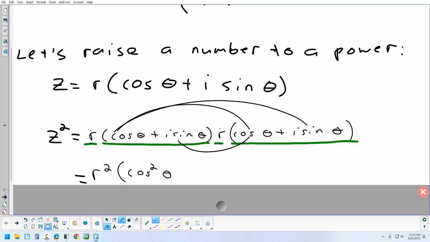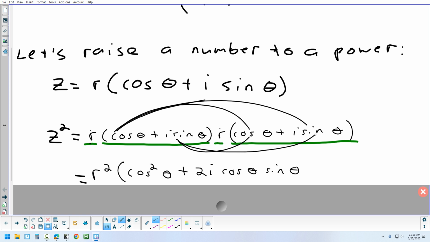So when I combine those together, how many will I have? 2. I have 2 of the cosine times i sines. I'm just going to write it like that. 2 of the cosine i sines. So 2 of those.